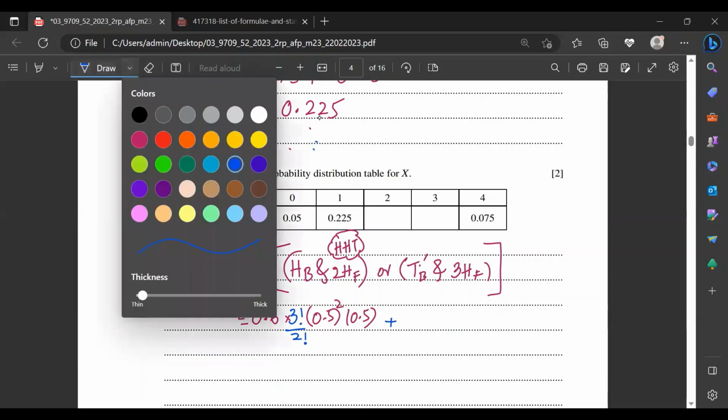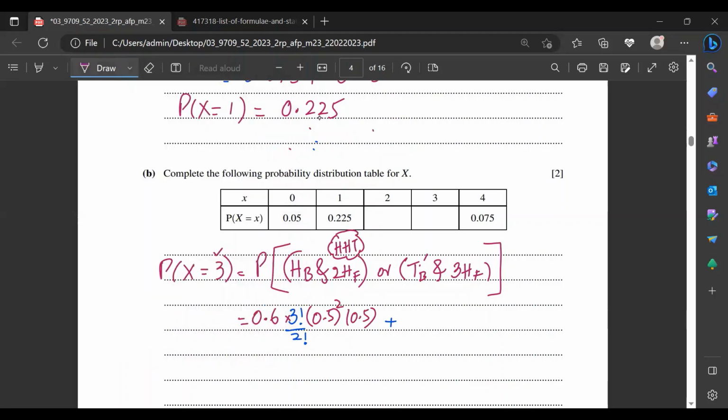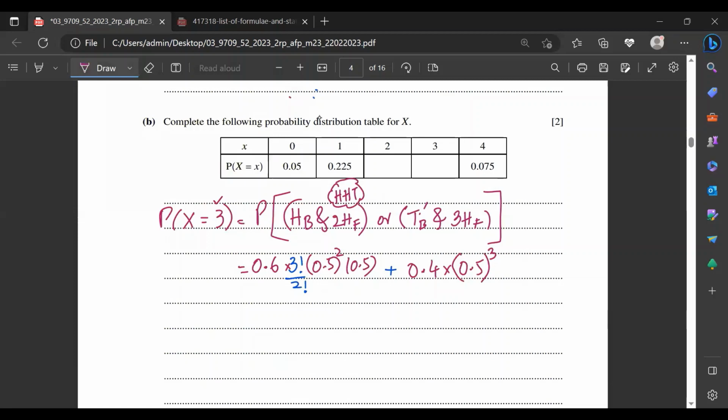Plus the other option is tail on the biased, which means 0.4, multiplied by 3 heads, meaning head, head, and head on the fair, which is 0.5 into 0.5 into 0.5, power 3. So you can involve the binomial distribution here, but it's simple to handle like this.